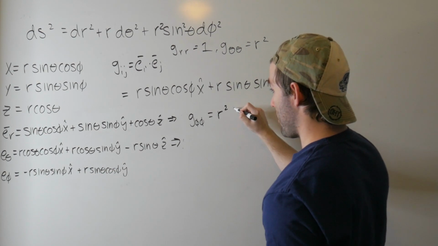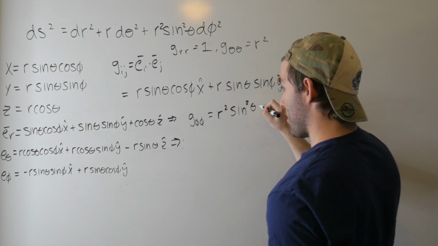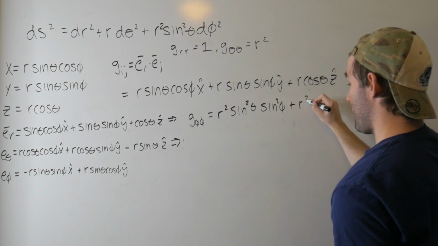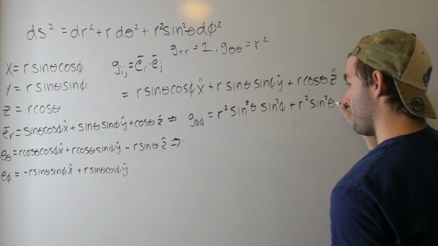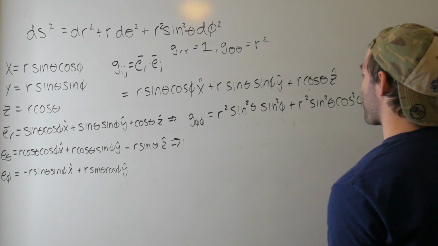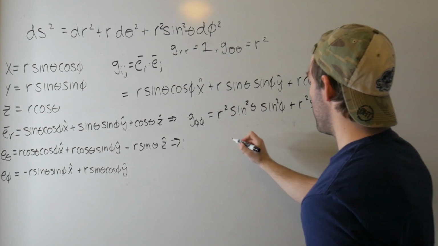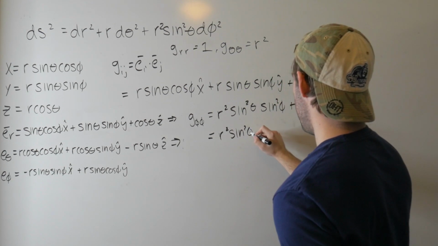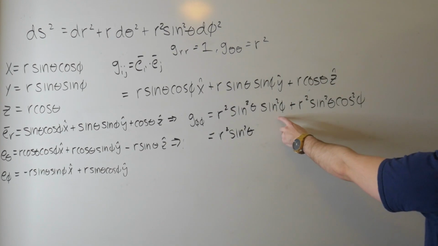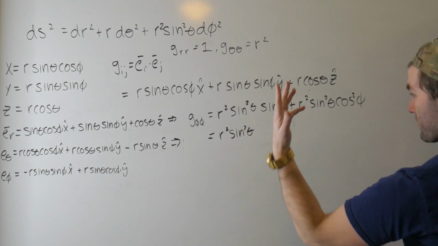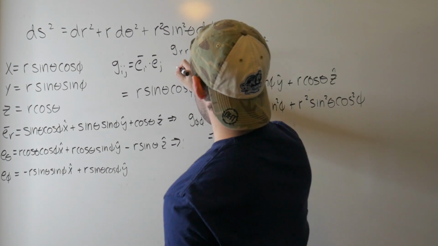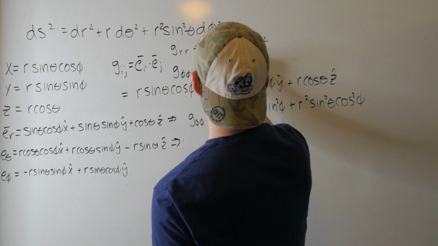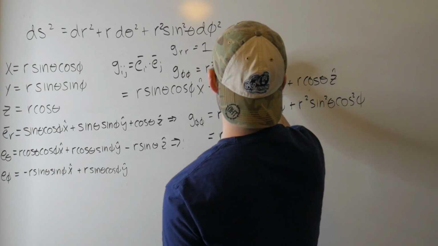So we get an r squared sine squared theta sine squared phi plus r squared sine squared theta cosine squared phi. We've got a common factor of sine squared theta and r squared, so that's r squared sine squared theta. And then we've just got sine squared plus cosine squared, which is 1. So that tells us that g phi phi is equal to r squared sine squared theta.